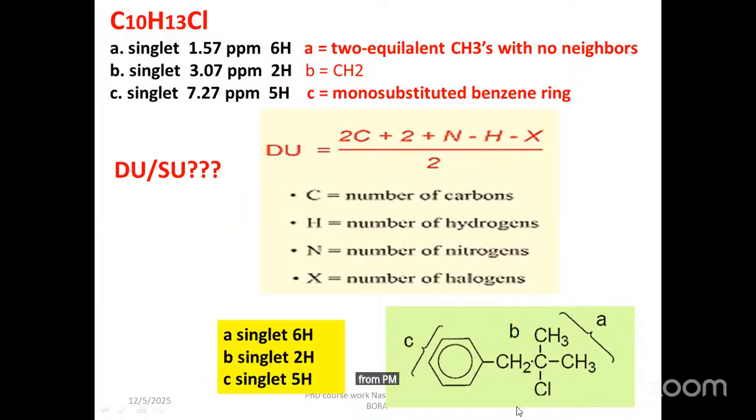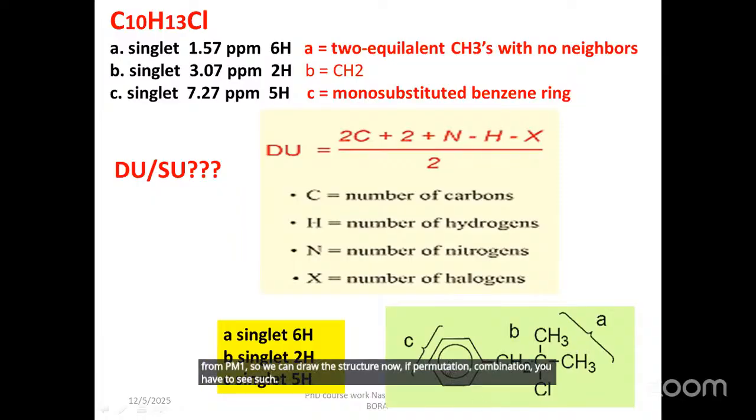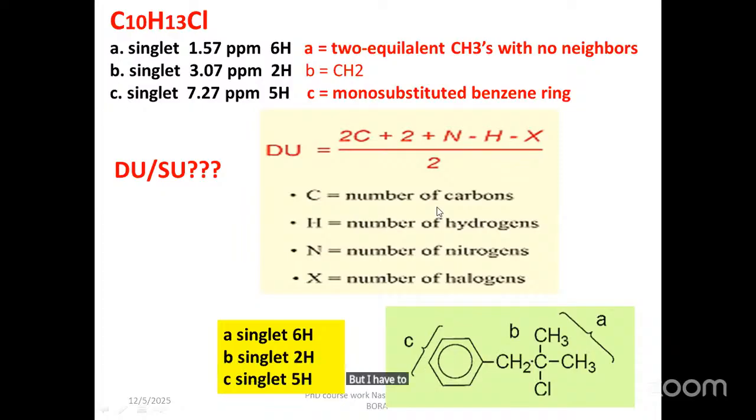So we can draw the structure now in permutation combination. You have to see such that these two protons will not be next to each other because all are appearing as a singlet. So I can here write more than one structure, but I have to assign one structure for the given data. So I can write this CH2 to this side and make things different.